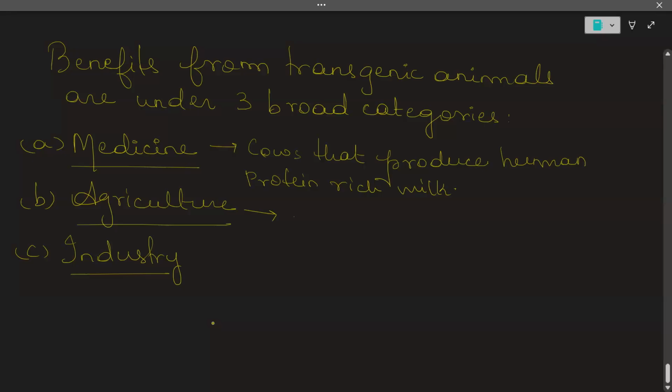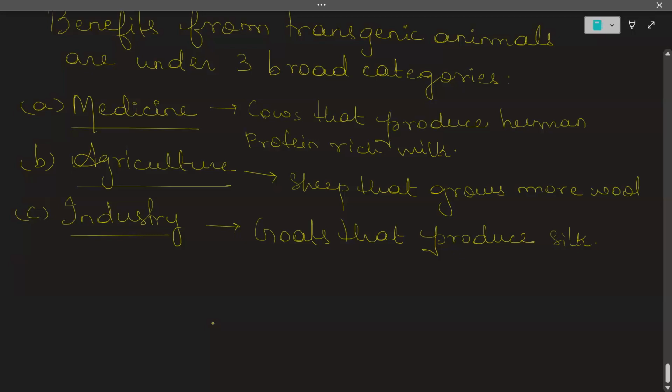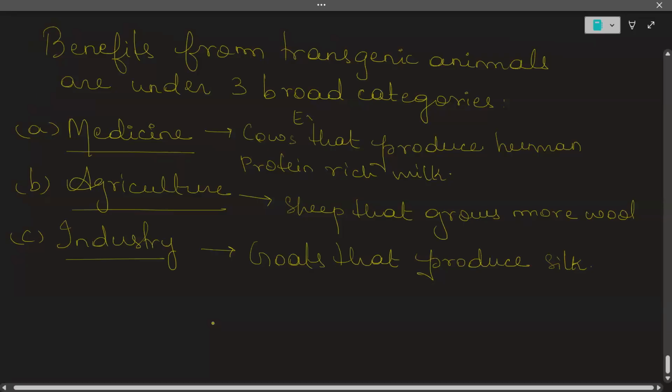Then for agriculture, sheep that grow more wool. And talking about industry, one such example is goats that produce silk. So in all three categories, there are certain examples that can be taken.